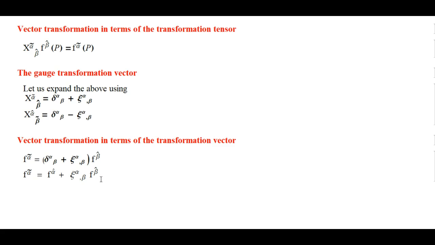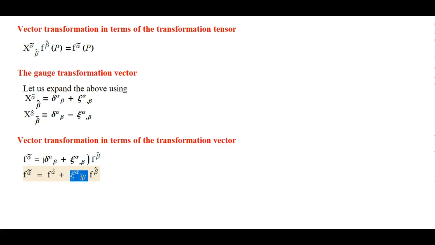This is what the vector transformation equation is when you are doing the transformation at one point, and this is in terms of the transformation vector xi alpha. We had seen this earlier in terms of the transformation tensor x alpha tilde beta. Now we are writing it in terms of the transformation vector.